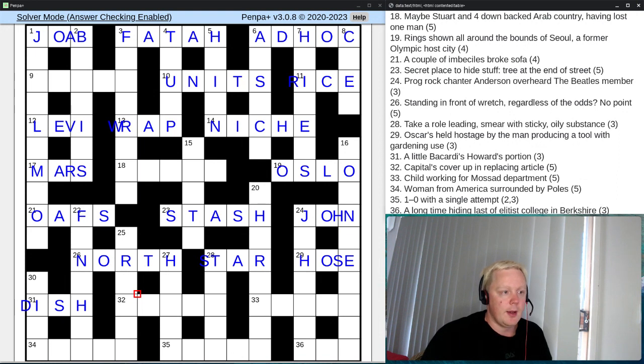And now this is maybe harder than some of the previous ones. The answer is going to be the name of a capital. So we need a word for cover up, and then we replace the article in that word with in.